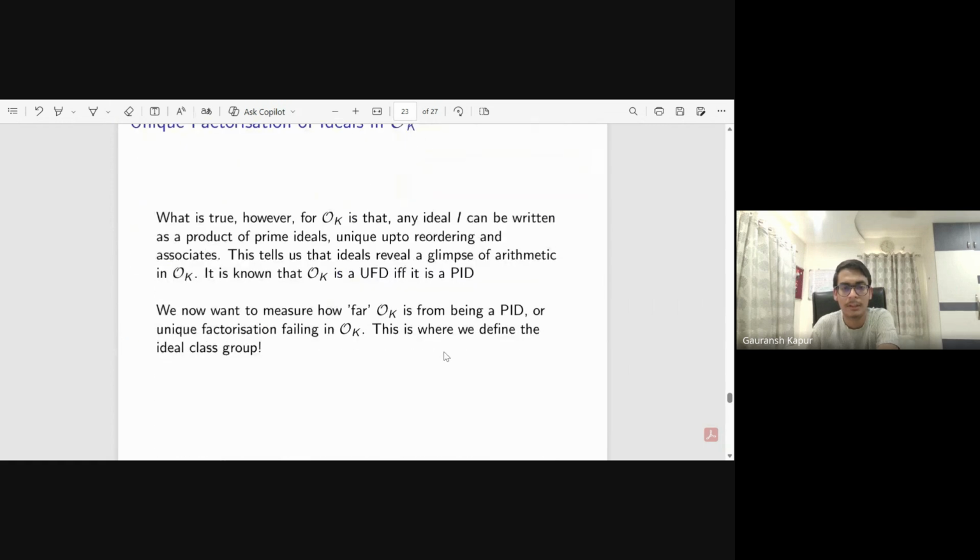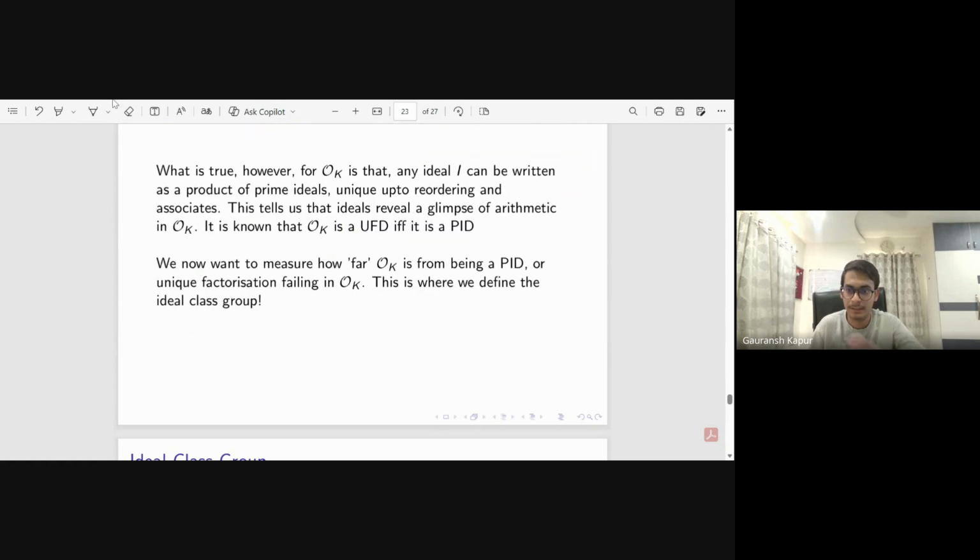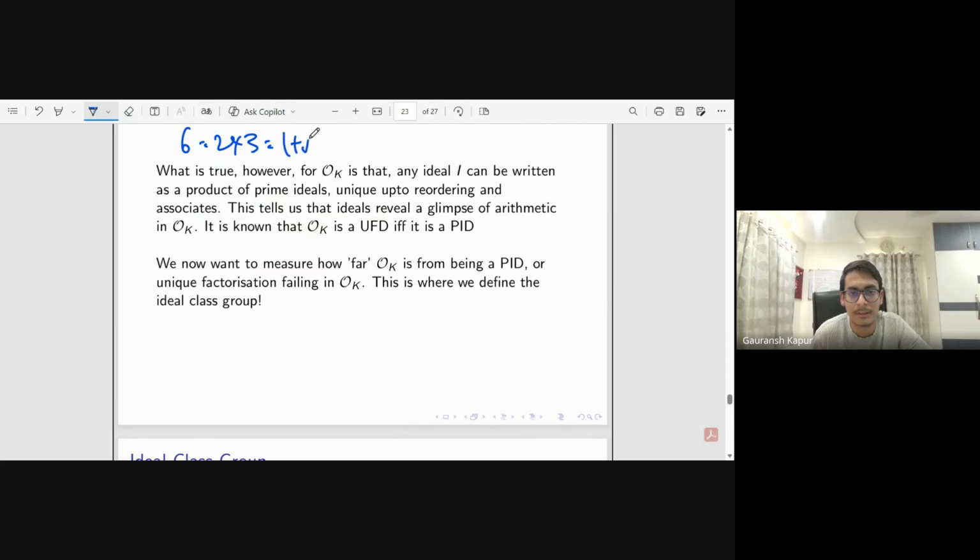Okay. But what is very good is that ideals can be uniquely factorized. So any ideal in the ring of integers can be written as a product of prime ideals up to reordering and associates. So for example, we had above 6 was 2 times 3, and this times this.